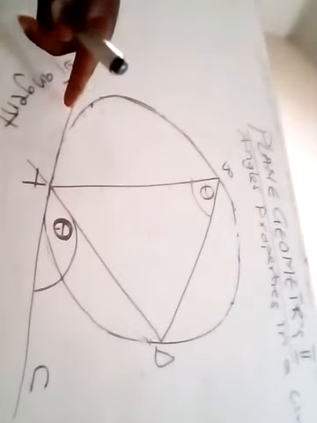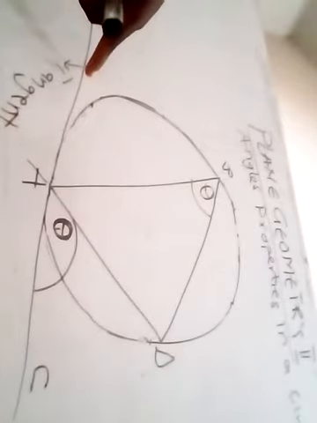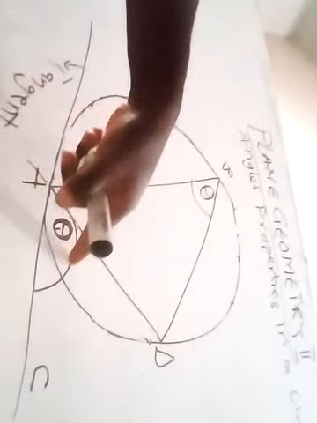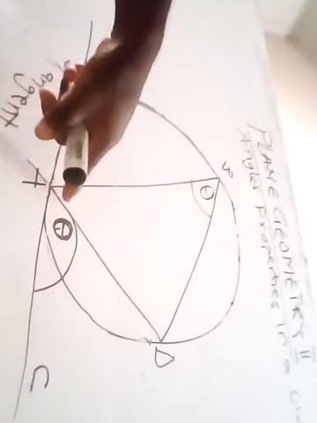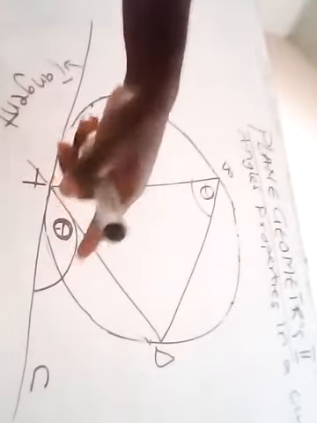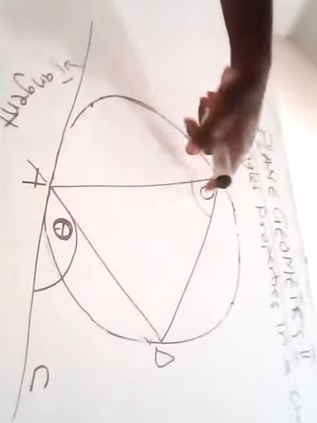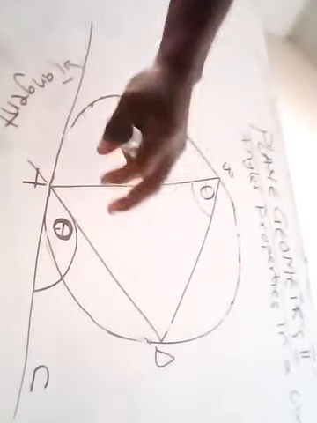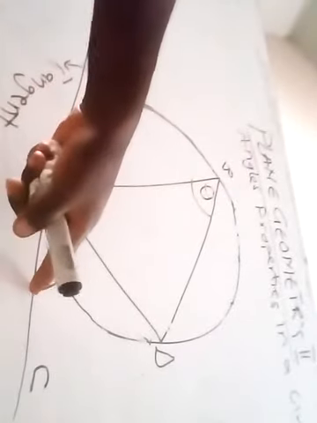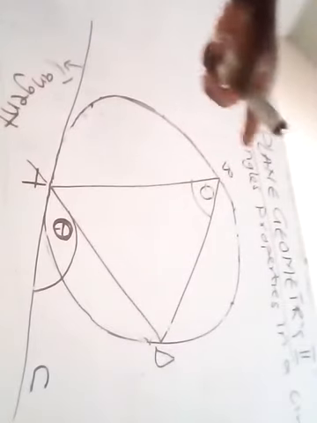The angle between a chord and a tangent, this angle we are talking about, at the end of the chord, is equal to the angle in the alternate segment. So the alternate angle is this, not this one.